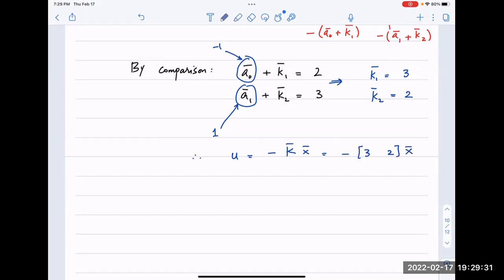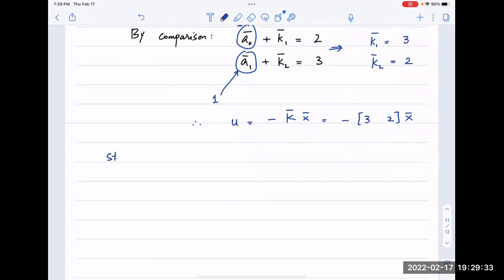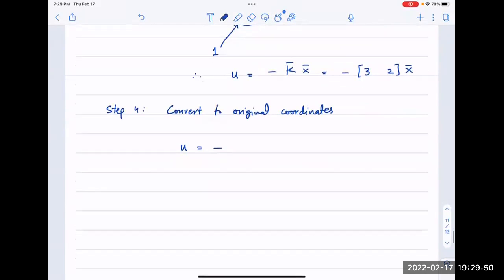And now the final step is to get back to original coordinates. You saw that that is not a problem. So your u is minus k bar x bar, but x bar is Tx.